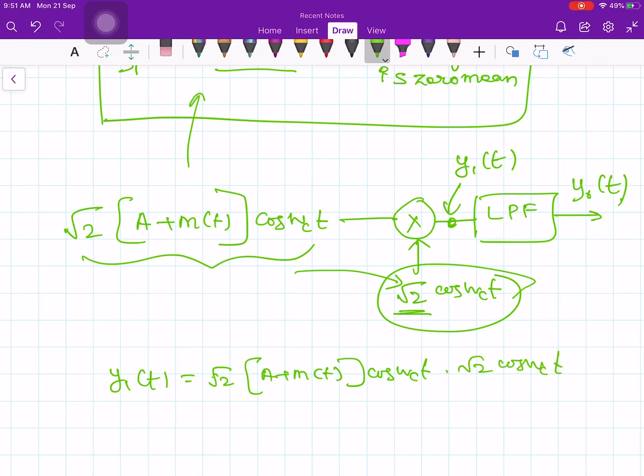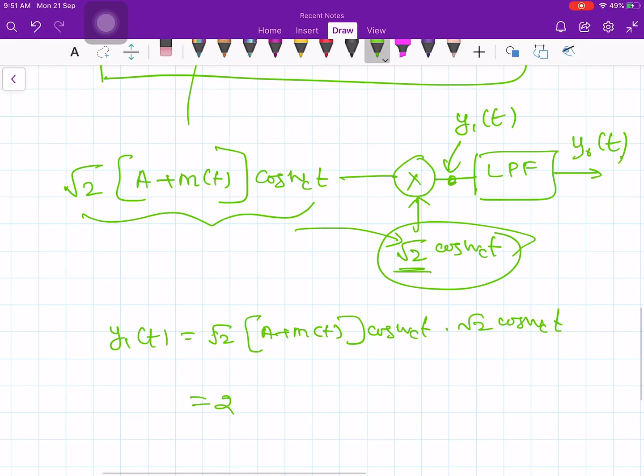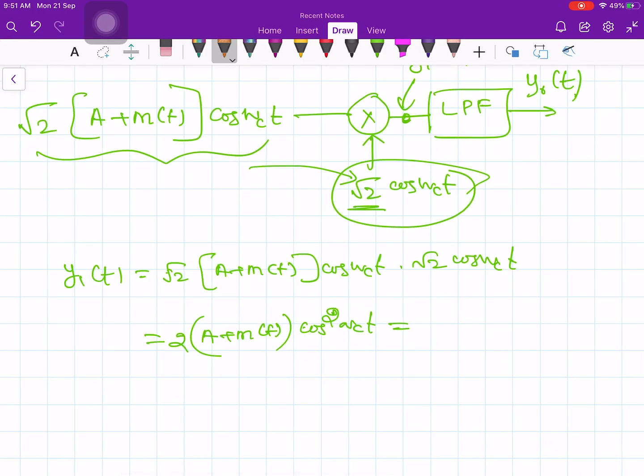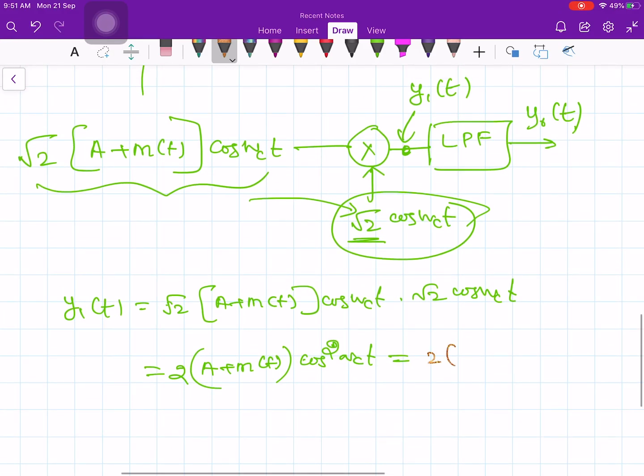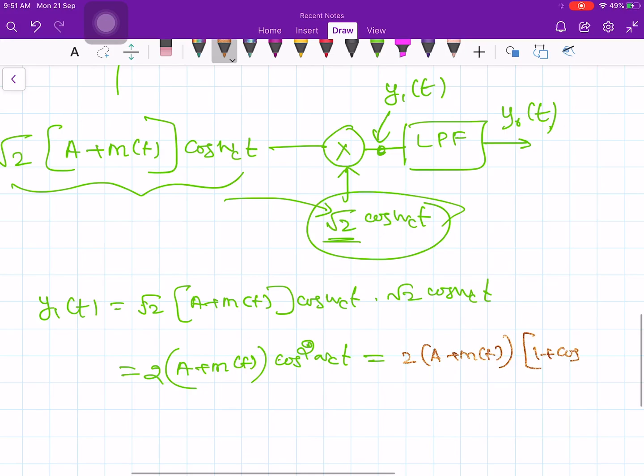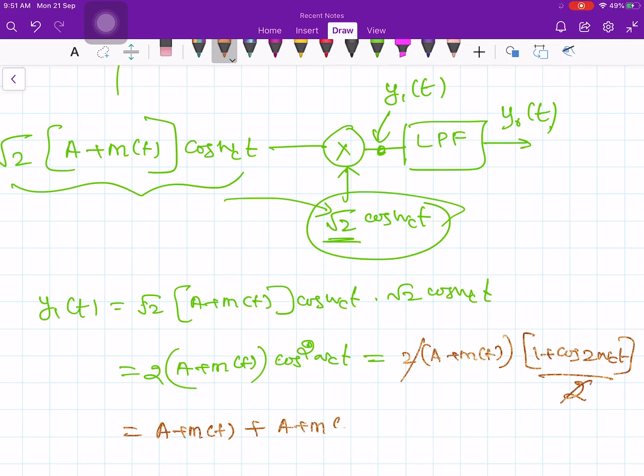Root 2 becomes 2, and then [A plus m of t] times cos square omega ct, which is equal to 2 times [A plus m of t] multiplied by [1 plus cos of 2 omega ct] whole divided by 2. This 2 and that 2 will get cancelled. So you will get [A plus m of t] plus [A plus m of t] multiplied by cos of 2 omega ct. This is my y1 of t.